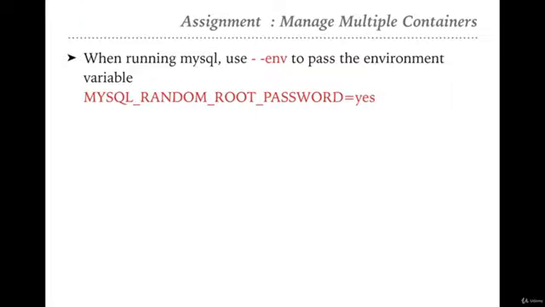Sometimes we need to pass environment variables to the containers. With the help of --env or -e, you can pass environment variables to your containers. And all the containers can have different sets of environment variables for the testing environment, for the production environment, and for the deployment environment.